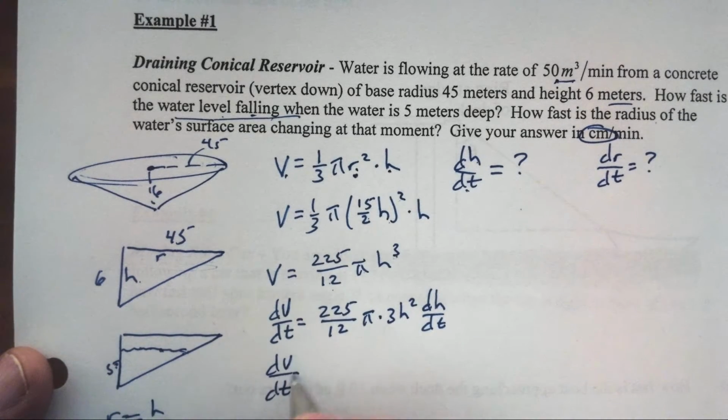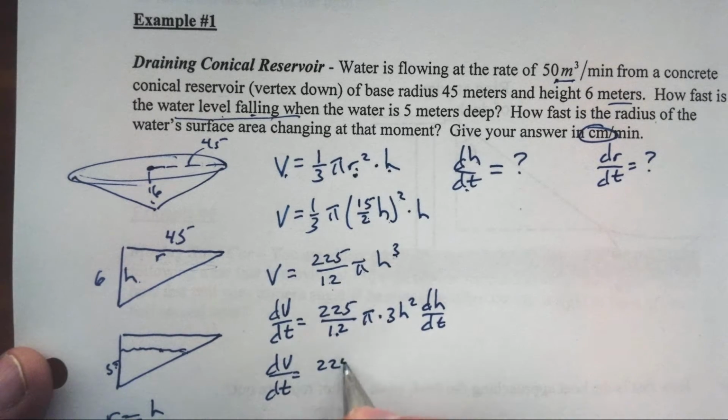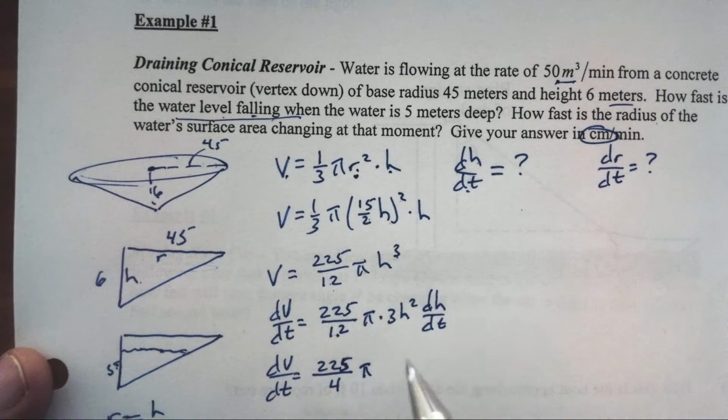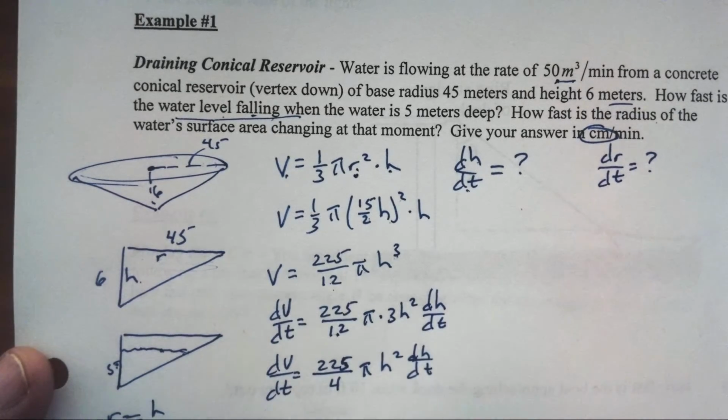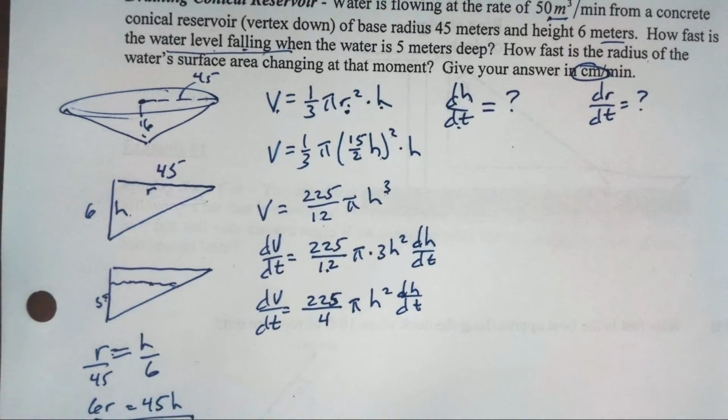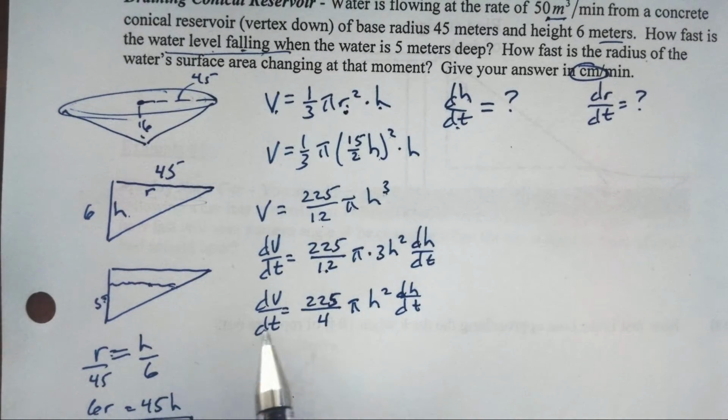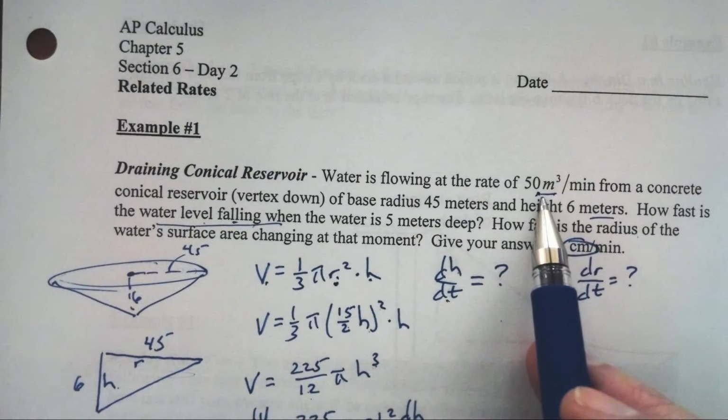dV/dt is 3 reduces the 12 to 4. So I get 225 on 4 pi h squared dh/dt. And now let's put in things that we know. Well, dV/dt is basically given.